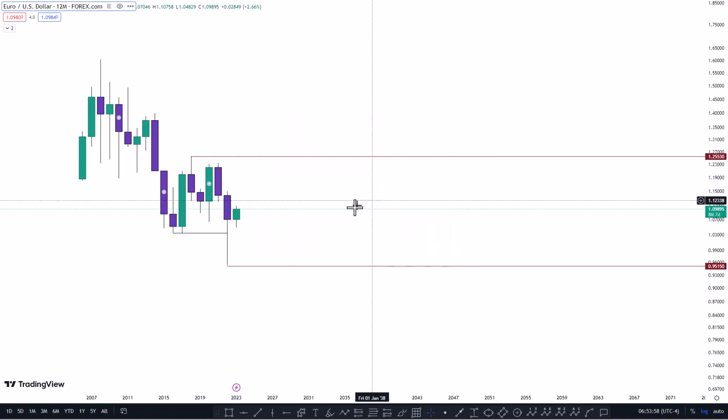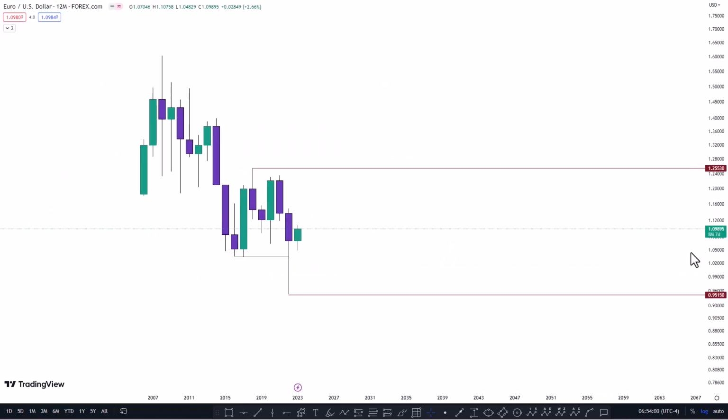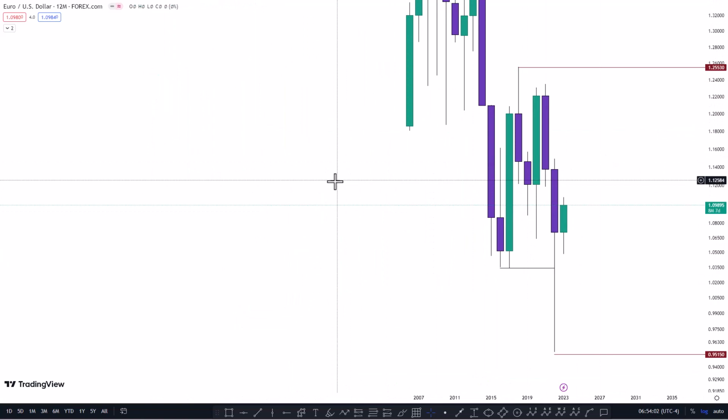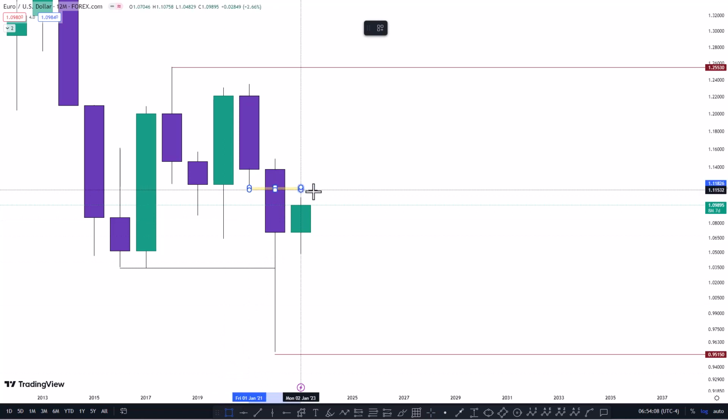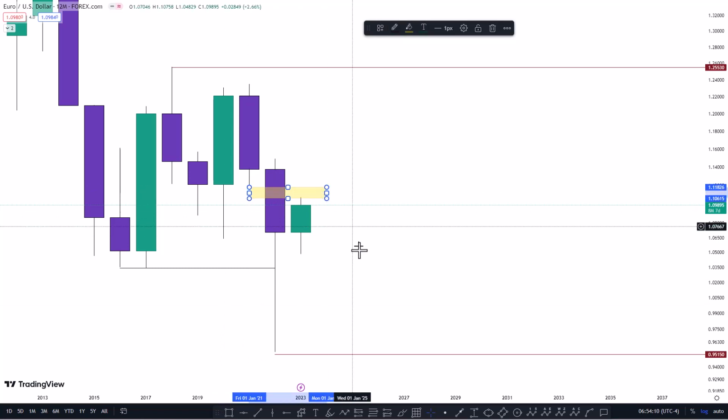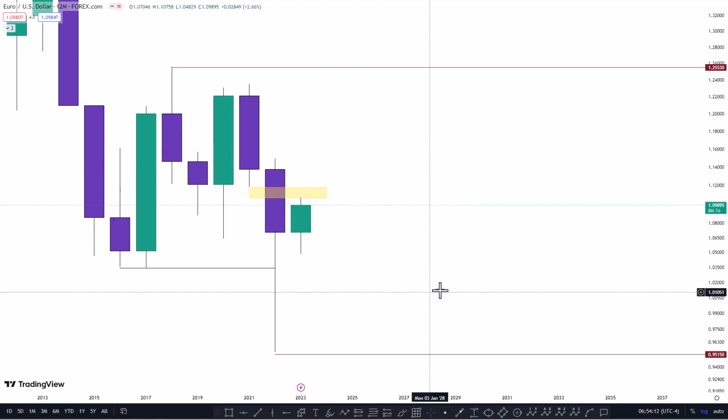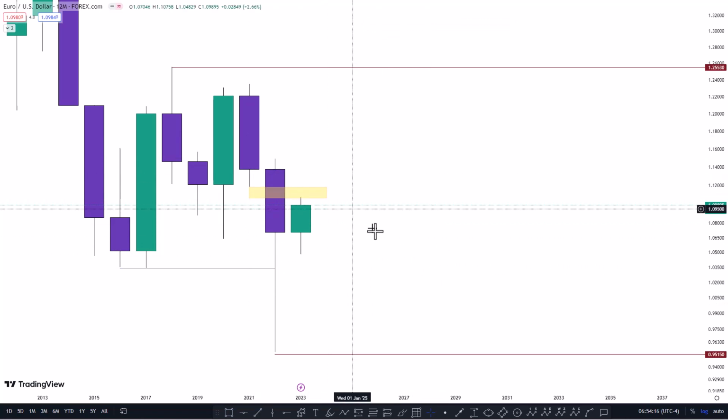And then we have to do what? We have to identify areas of liquidities, areas of imbalance. So make sure you mark all of these zones as I talked about before, because this is going to help you. This is what the market is looking for.